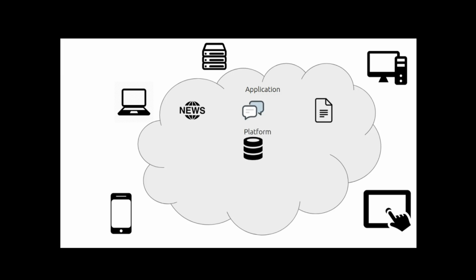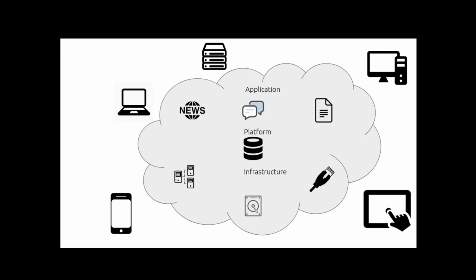Another way cloud resources are consumed is through the platform. An example of the platform being consumed is creating a database in the cloud and then accessing that database. That would be accessing the cloud platform.